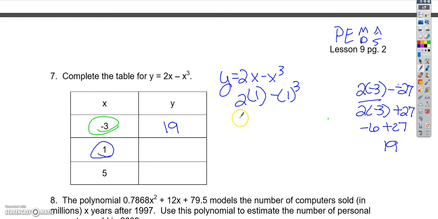Exponents first, so we leave this alone. And that gives us 1. Multiply or divide. So 2 minus 1. And then add or subtract. So when x is 1, y is 1.